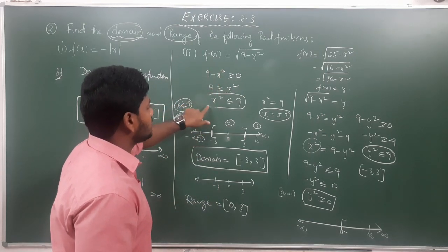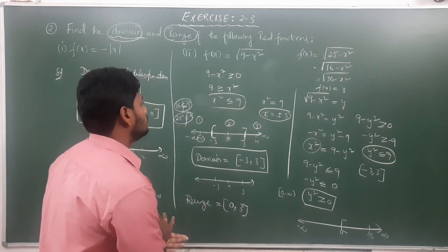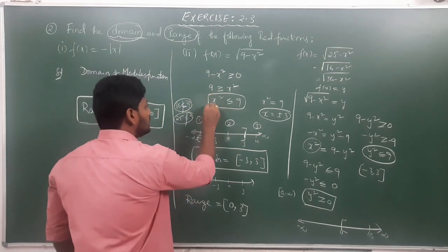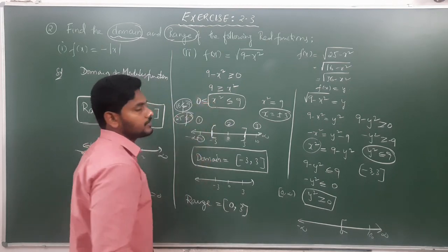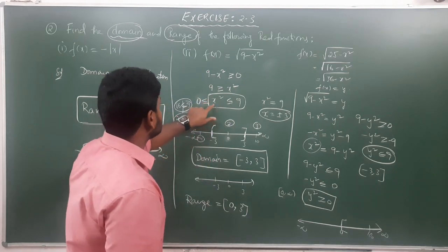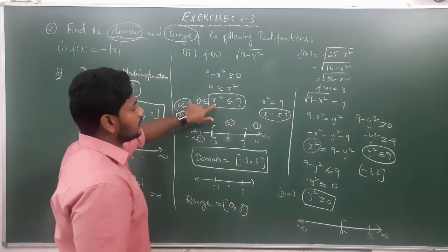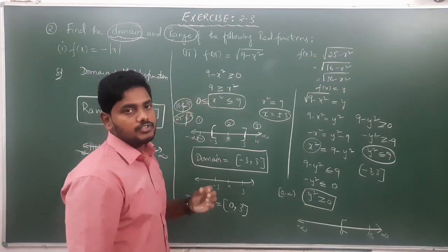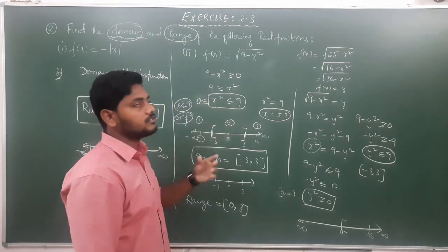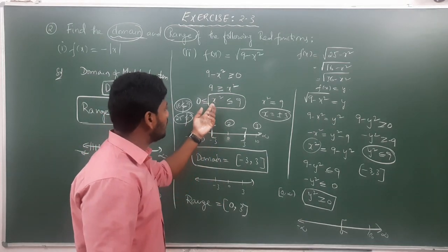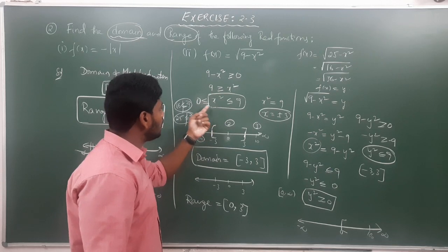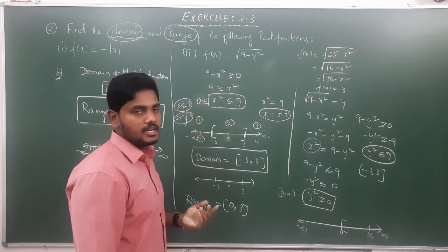But what is the hidden condition in between? x square is greater than or equal to 0, right? x square is like a modulus function. If you substitute minus 2, whole square is 4; 2 square is also 4. That means whatever value you substitute instead of x, it should always be greater than or equal to 0.